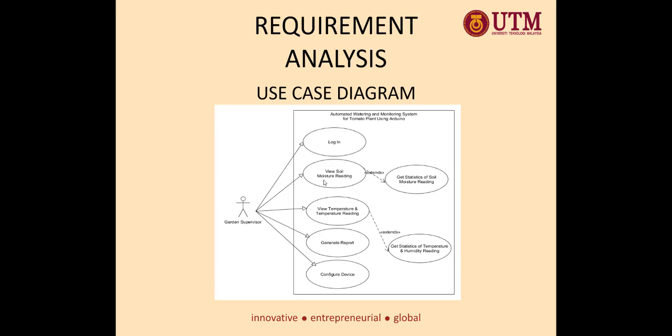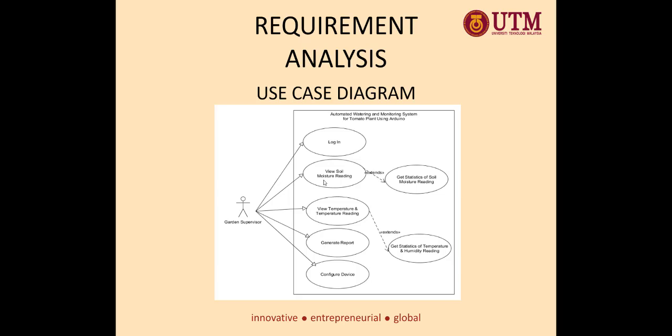So now we'll proceed to the requirement analysis, which for the start is the use case diagram. As you can see, the garden supervisor is able to log in to view soil moisture reading and also get the statistics of the soil moisture reading. Also view temperature and humidity reading, and also get the statistics of the temperature and humidity reading.